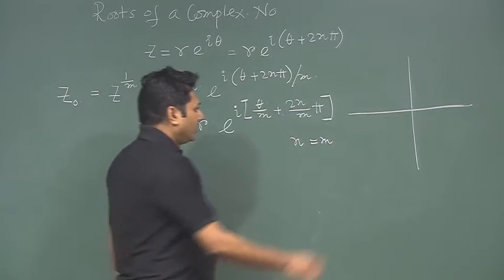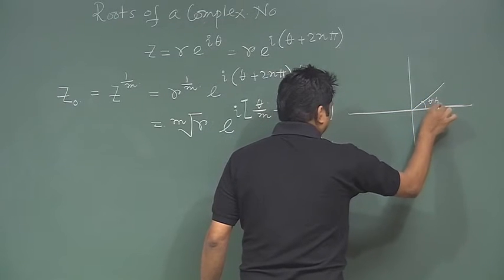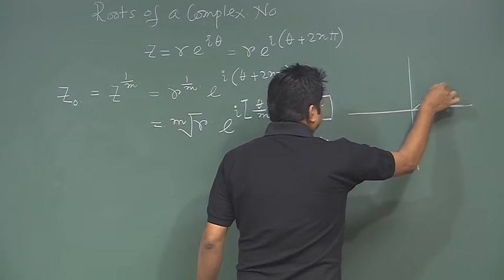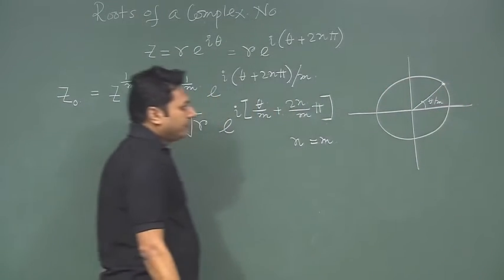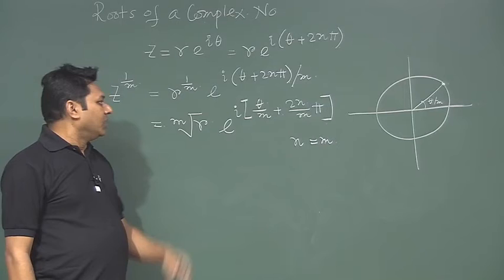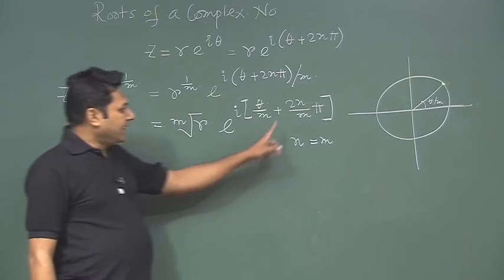So, that means whatever the theta by m says, and when I say this is plus 2 pi, I will return back to that point and so on.